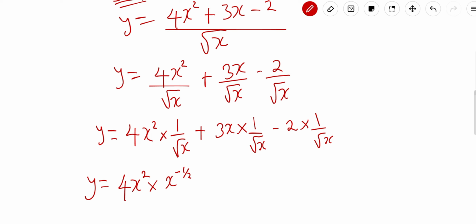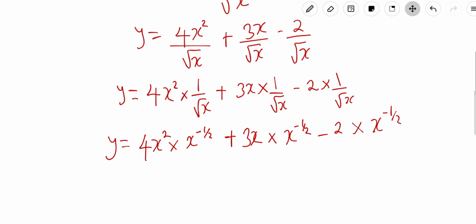1 over the square root of x is x to the power of negative 1 over 2. I have plus 3x multiplied by 1 over root x, which is the same thing as saying x to the power of negative 1 over 2, minus 2 multiplied by x to the power of negative 1 over 2.